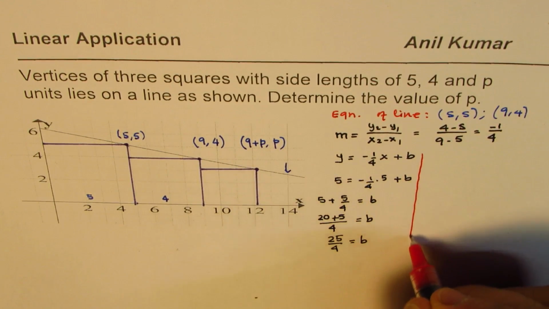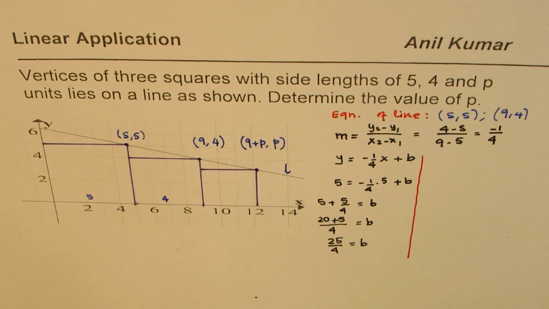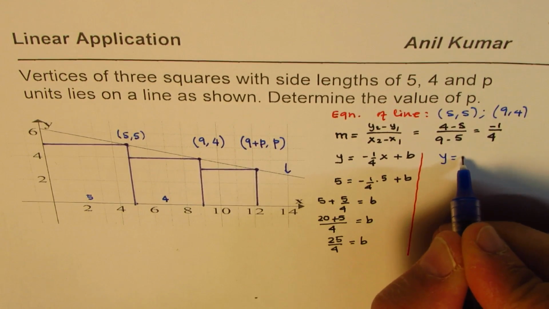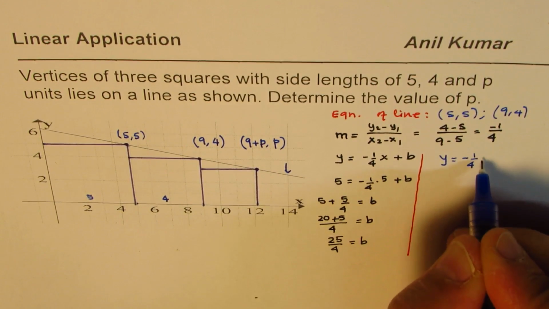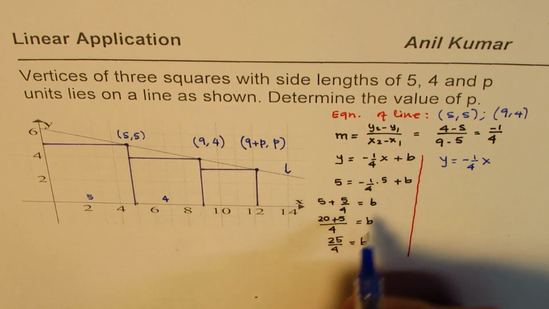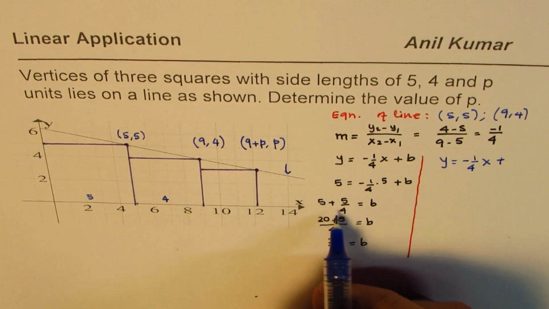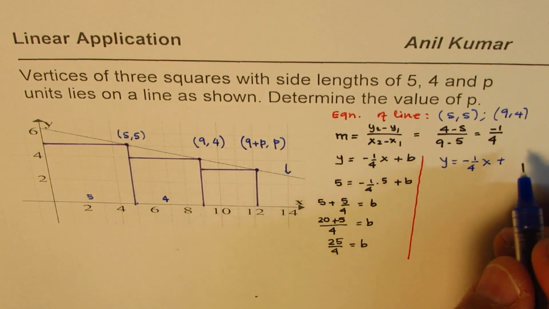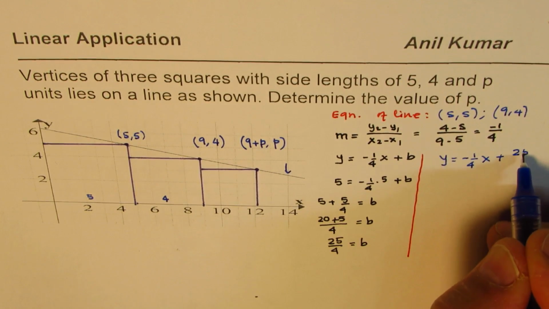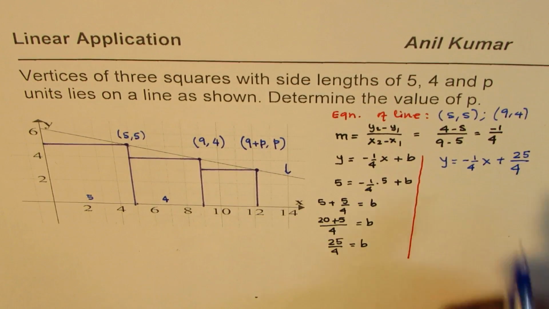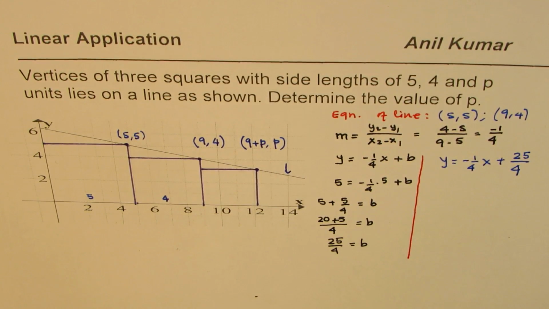So the equation of the line should be y equals minus 1 over 4 x, that is the slope, plus the value of b we just calculated, which is 25 by 4.